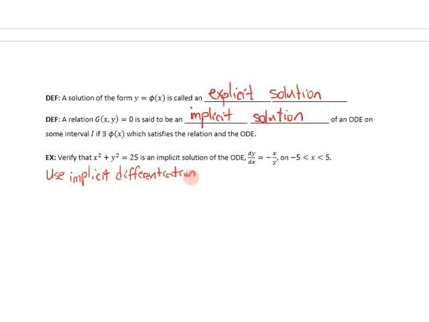What is implicit differentiation? That's where you take the derivative of both sides of an unsolved equation. So you're going to take the derivative of this side with respect to x, and the derivative of this side with respect to x. Something out of Cal 1.